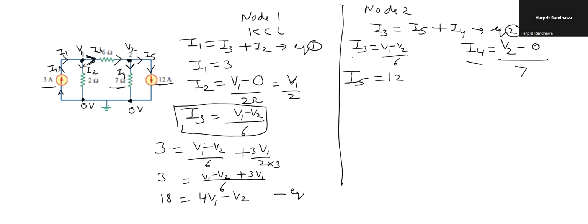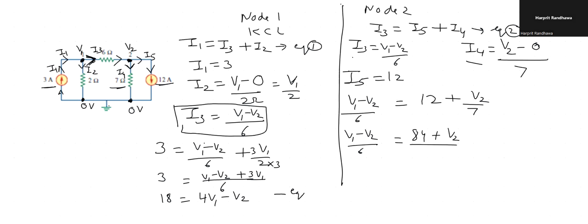Now you plug in the values of I3, I5 and I4 in equation number 2. So I3, that is V1 minus V2 divided by 6, is equal to 12 plus V2 divided by 7. Now you solve this. 12 times 7 gives me 84, plus V2 divided by 7. Then we do V1 minus V2 times 7 is equal to 6 times 84 plus V2.